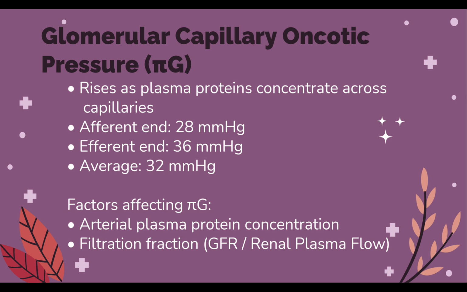The factors are arterial plasma protein concentration and the filtration fraction. We get the filtration fraction by dividing glomerular filtration rate by the renal plasma flow. So for the glomerular capillary oncotic pressure, the GFR and renal plasma flow also affect it, as the filtration fraction is also affecting that.